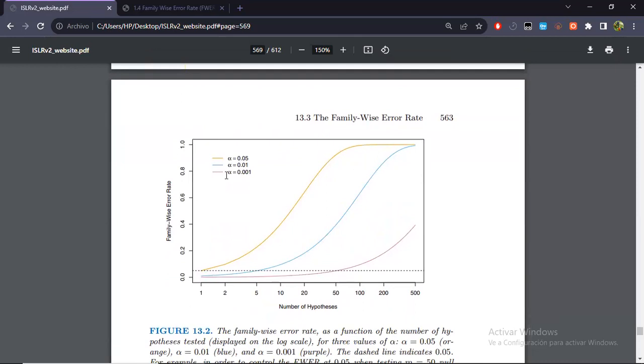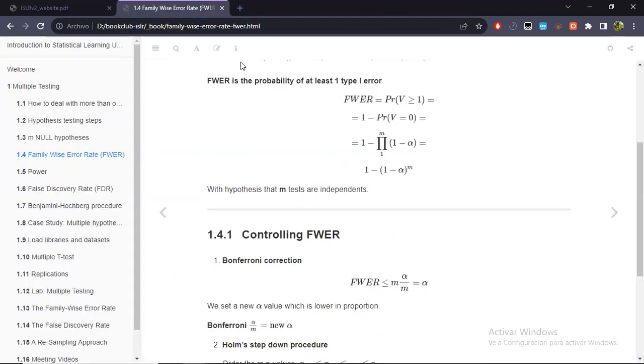Over here in the book, they show a graph. In the x-axis, we have the value M, that is the number of hypotheses or the number of tests that we are considering. And over here to the right, we have the expression that we found.